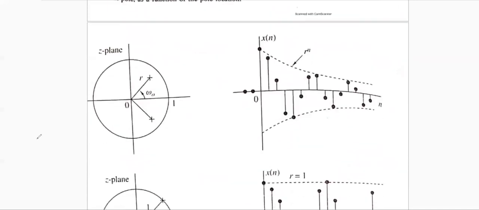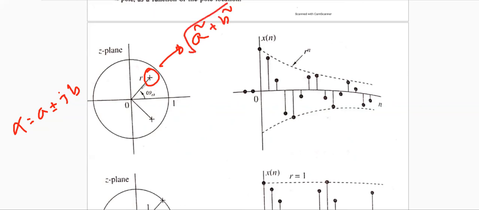For example, if alpha is equal to, let's say, A plus minus jB, we have two poles, where this pole is equal to the square root of A squared plus B squared, the amplitude, and theta is the omega. So what is the value of omega for a particular pole?